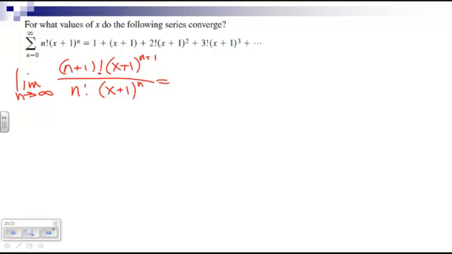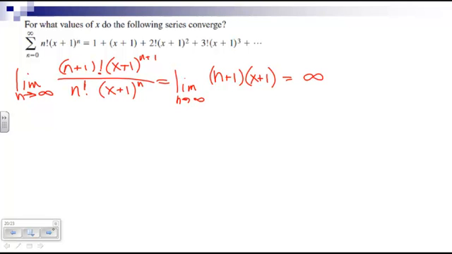Can we clean that up? N plus 1 on top, okay. What happens when we apply the limit now? You get infinity?